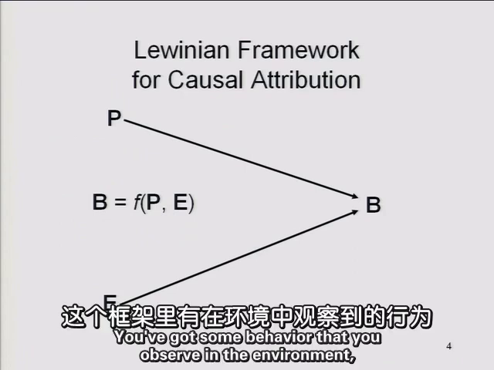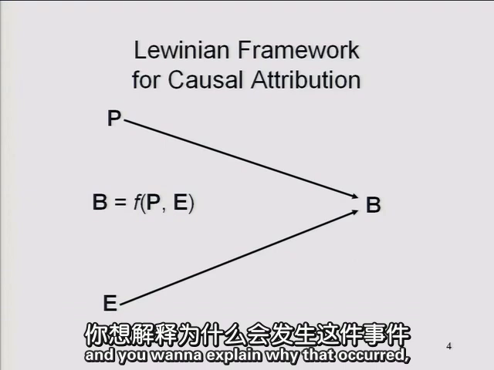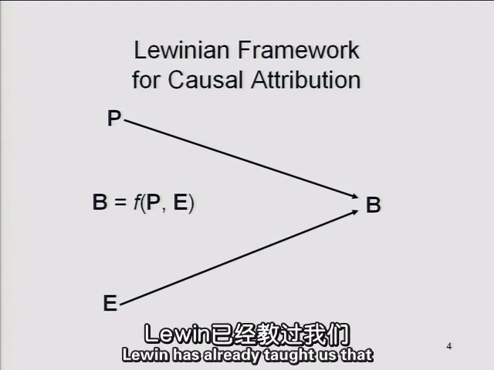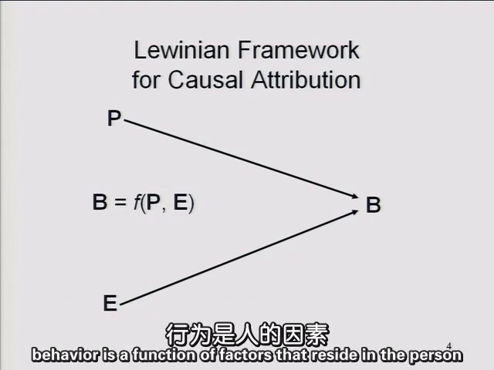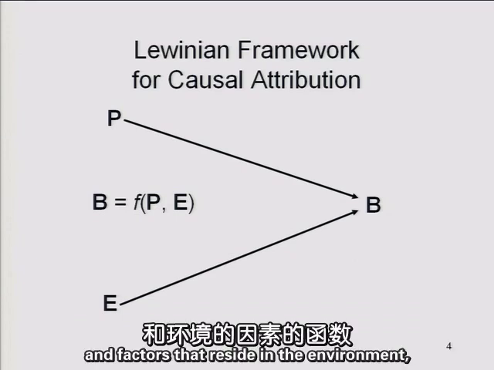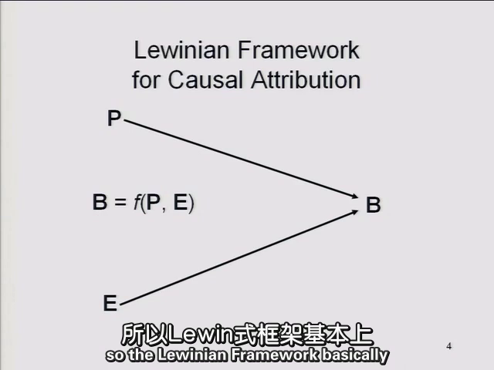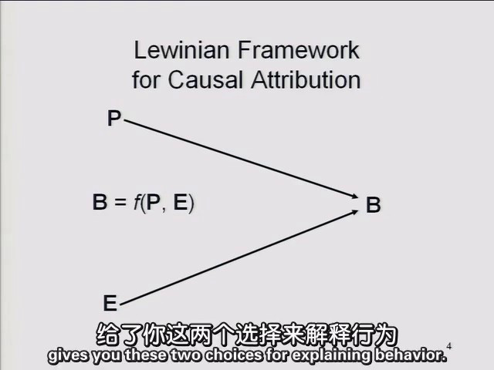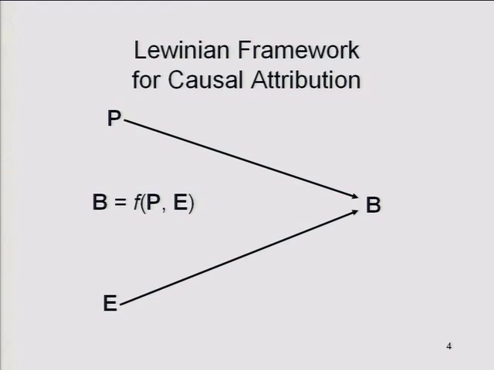You've got some behavior that you observe in the environment, and you want to explain why that occurred. Lewin's already taught us that behavior is a function of factors that reside in the person and factors that reside in the environment. So the Lewinian framework basically gives you these two choices for explaining behavior.